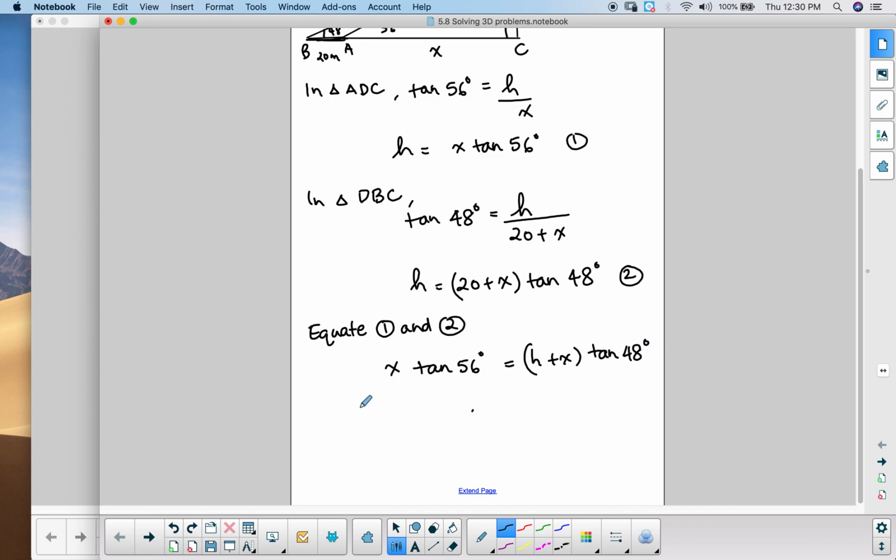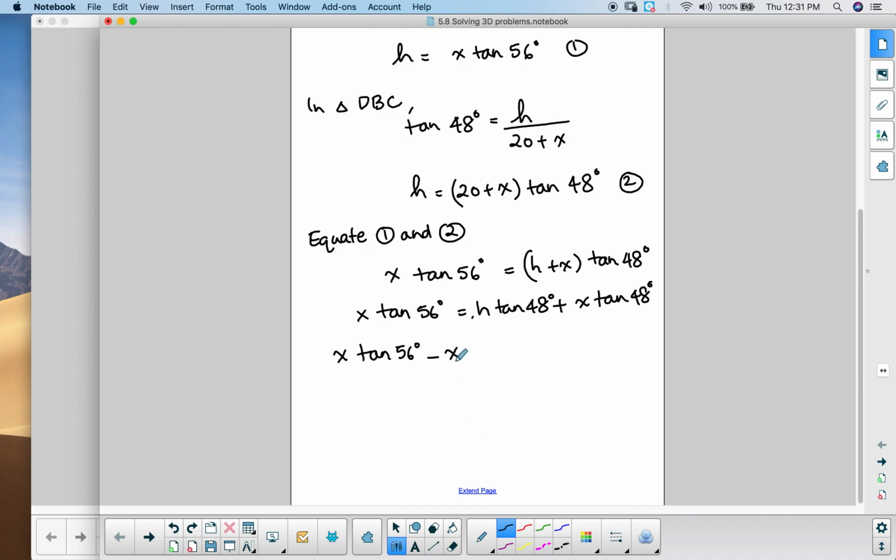Okay, so let's solve this equation in X. So you have X times tan of 56 minus X times... sorry, I made a mistake here.